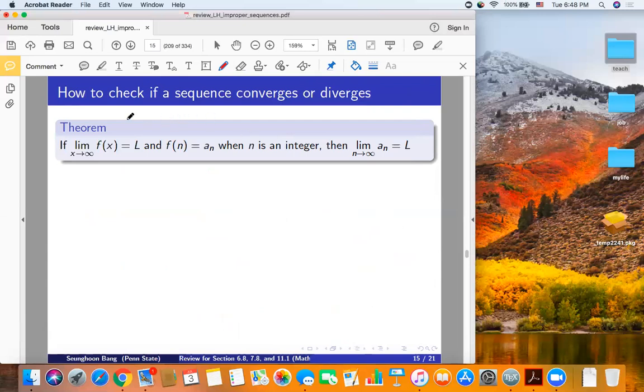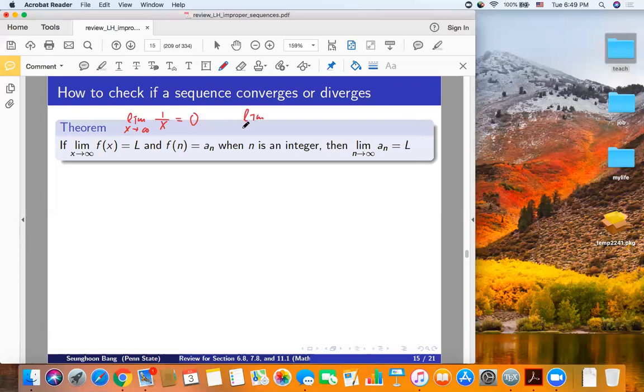An example is like this. So f of x, you can solve this problem. As x approaches infinity, 1 over x. Do you know the answer of this one? Yep, 0.